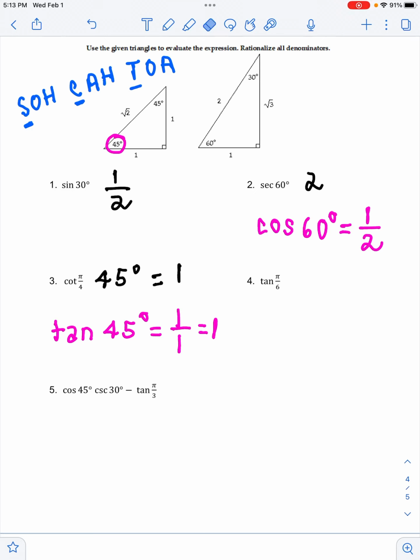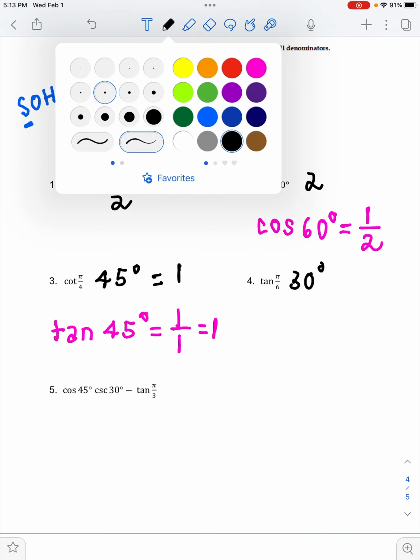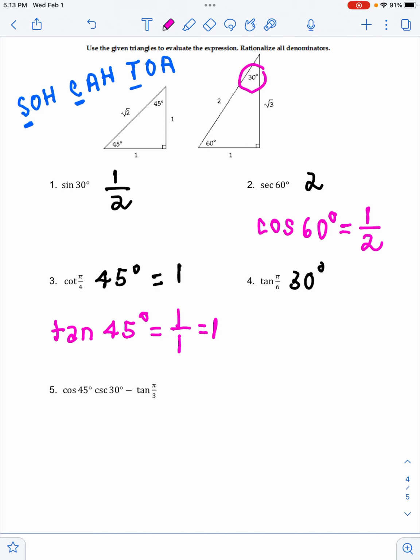How about the tangent of pi over 6? First, we have to understand pi over 6 is 30 degrees. That means we're looking at the triangle on the right, the 30-degree angle, and tangent is opposite over adjacent.